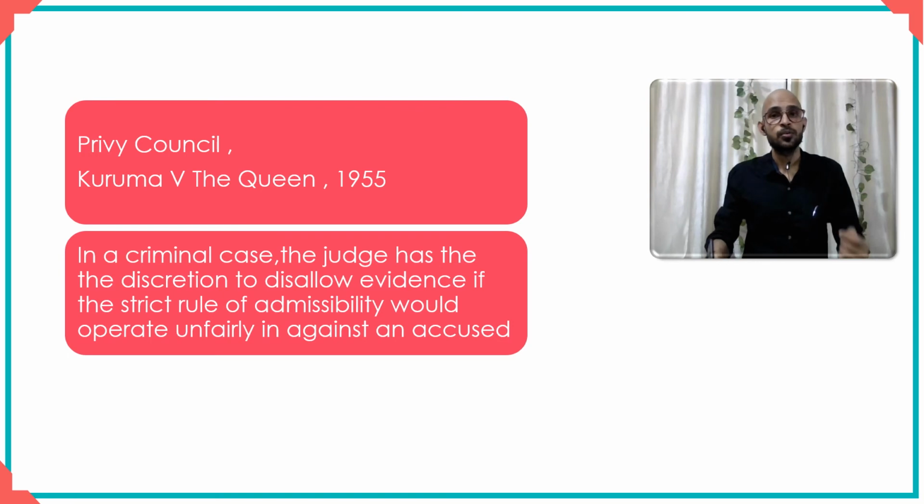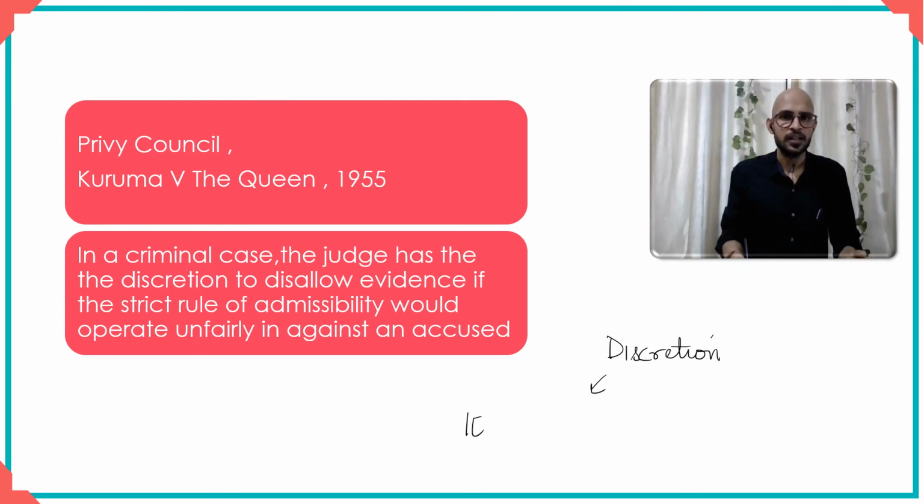In such a scenario, it says that the judge has the discretionary power to disallow evidence even if it does not comply with the rules of evidence, which means the judge has discretion to depart from the rules of procedure. So let us say the Indian Evidence Act says that you must go in this way, but when you go in this way, you miss the target because the target was to go here and you end up going here.